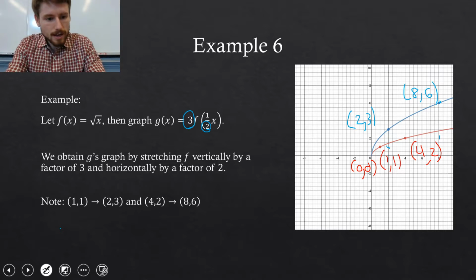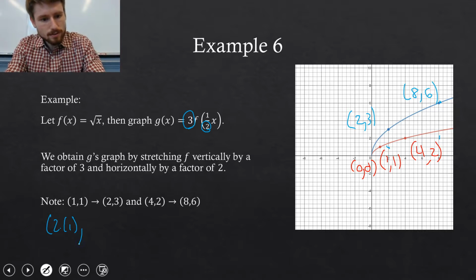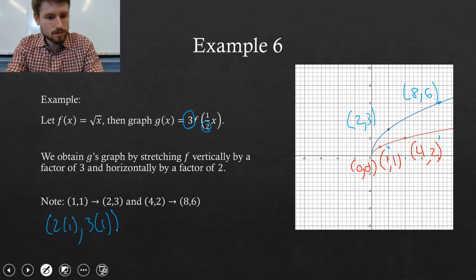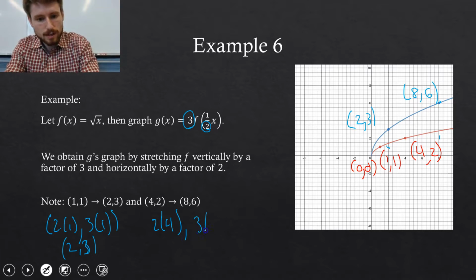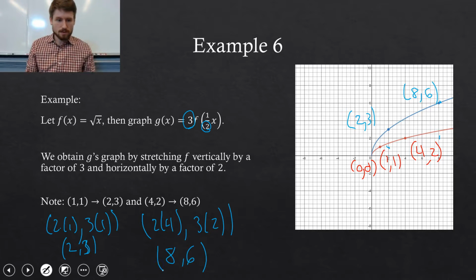Again, what that looks like is we're doing 2 times 1 and 3 times 1, and that gets you (2, 3). And this point over here, we're doing 2 times 4 and 3 times 2, and that gets you (8, 6). That's where we end up. Alrighty.